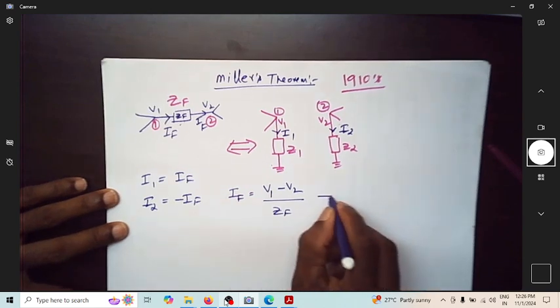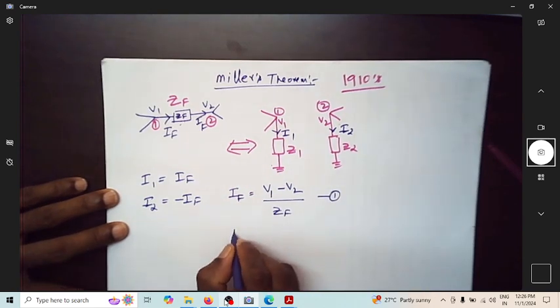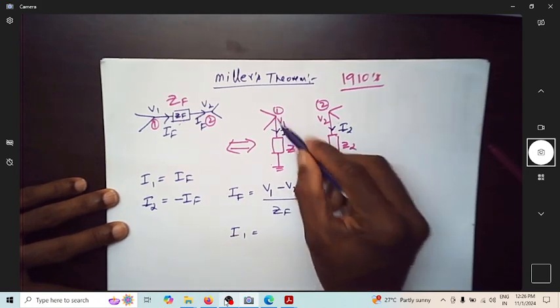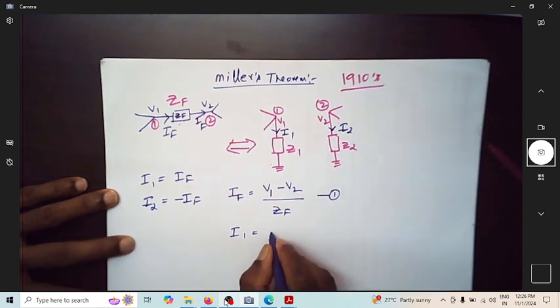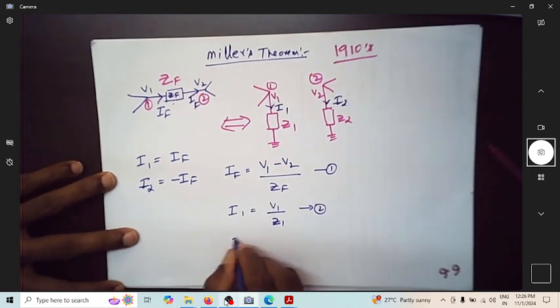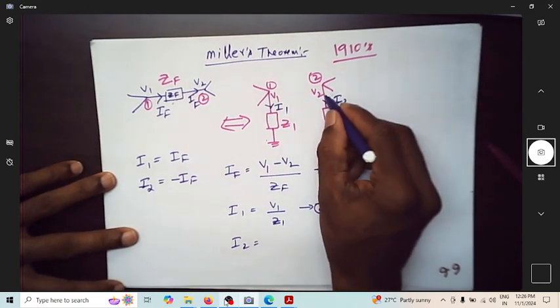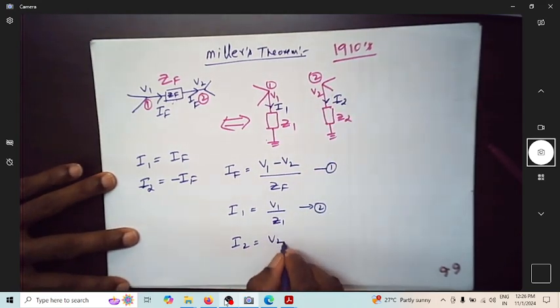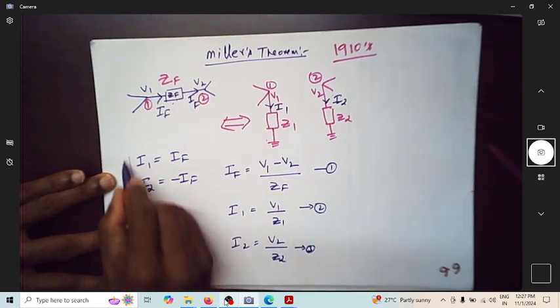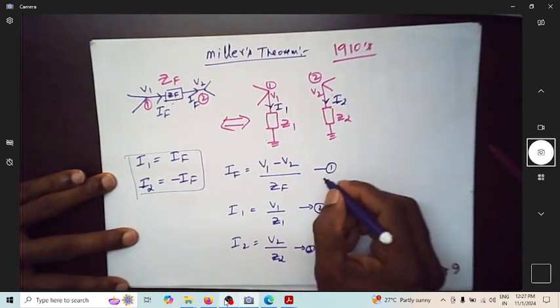This is equation number 1. Then what is I1? I1 is the current flowing from V1 to ground with the impedance of Z1. So is it not V1 by Z1? This is equation number 2. What is I2 equal to? I2 is equal to V2 by Z2. This is equation 3.